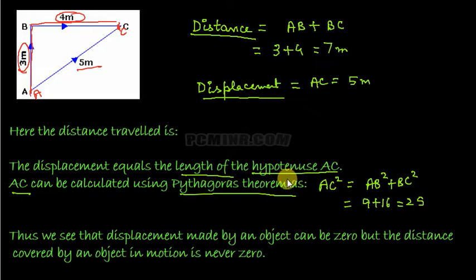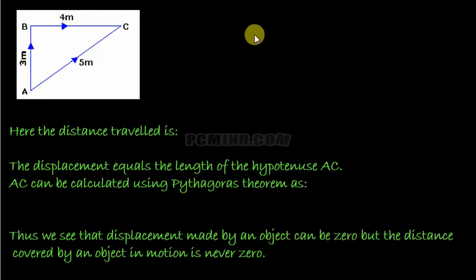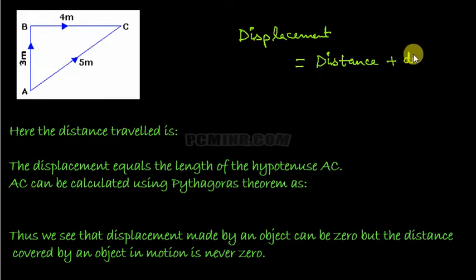right? Now, one more thing, precisely, if I would say, precisely the displacement is nothing but distance plus direction. So displacement is something where the direction also matters. So when you say distance plus direction, then that gives you displacement.